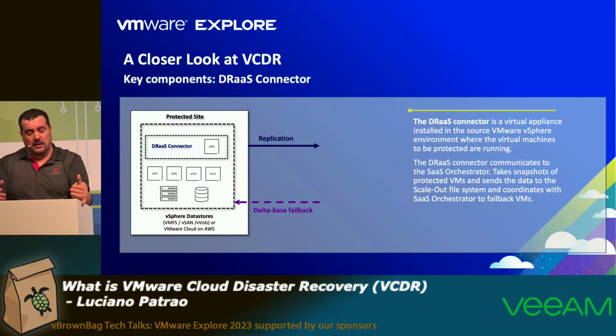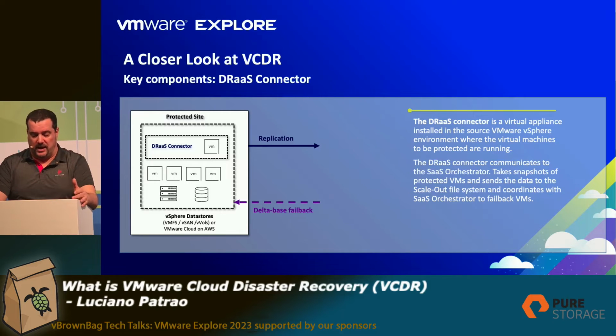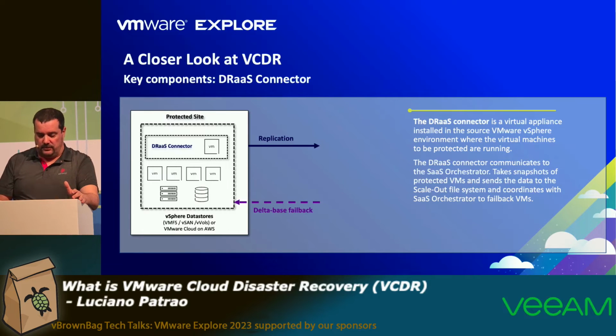Replication is done by snapshots. It's using the vCenter API for backups. That's the foundation of all the backup tools. So this will receive failbacks and also the replications.